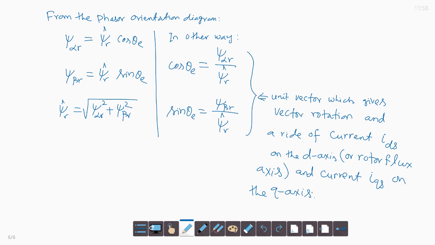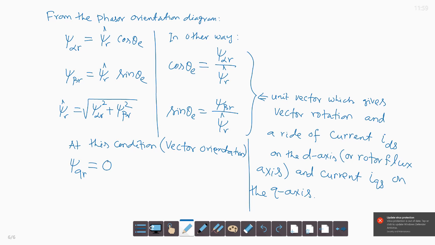At this condition, that means vector orientation or field orientation, there is no flux along the q axis.